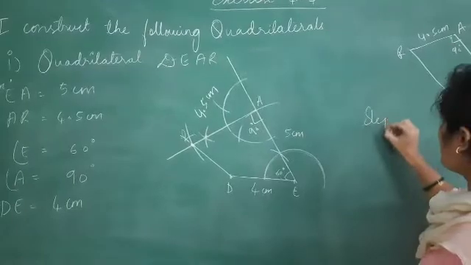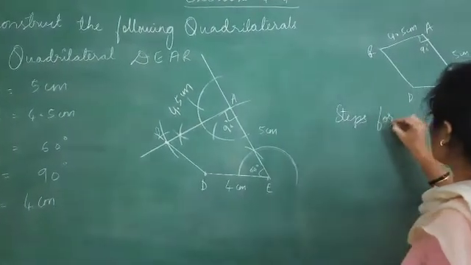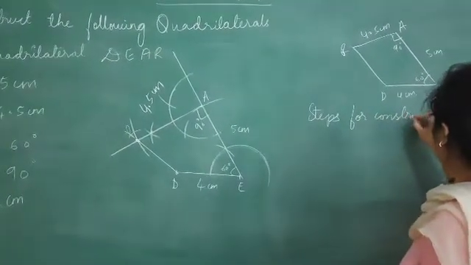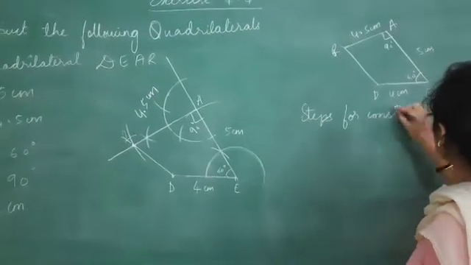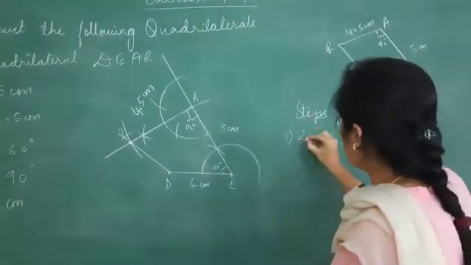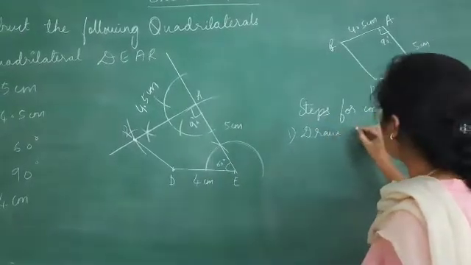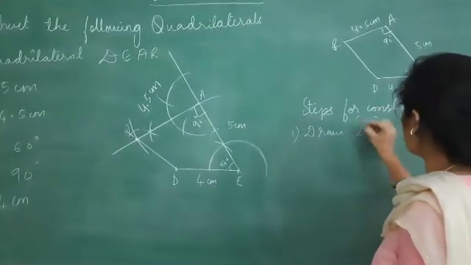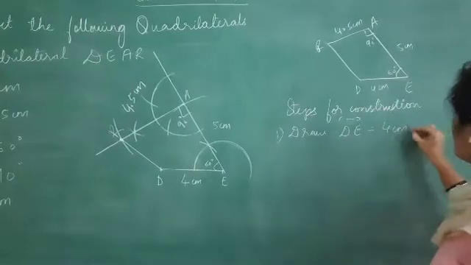Steps for construction. First one, draw DE, a line segment equal to 4 centimeter.